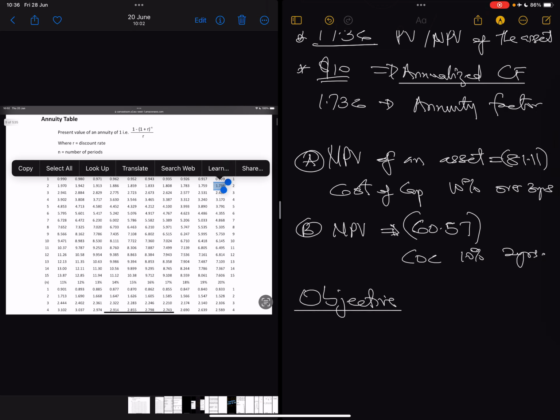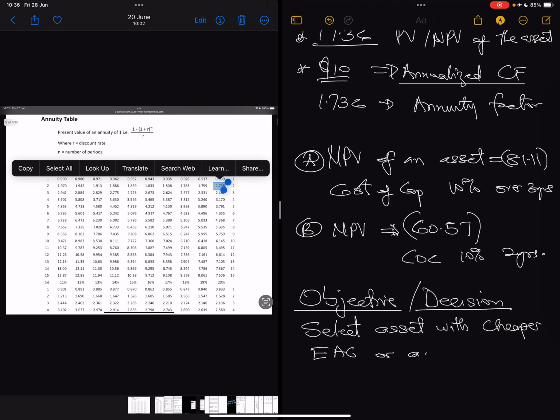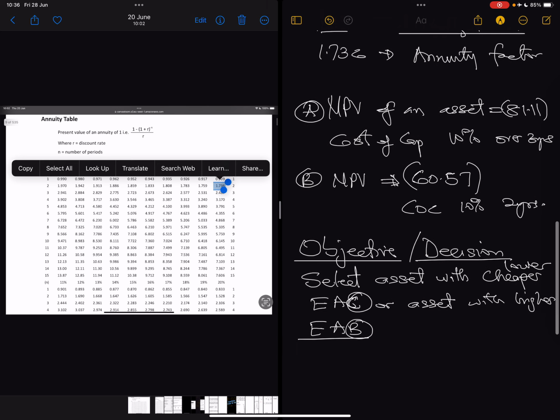So the objective, or the way you take decision, is that you select assets with cheaper equivalent annual cost, so cheaper means lower figure, or assets with higher equivalent annual benefit, because obviously you want higher benefit and lower cost. So that's how you take decision.